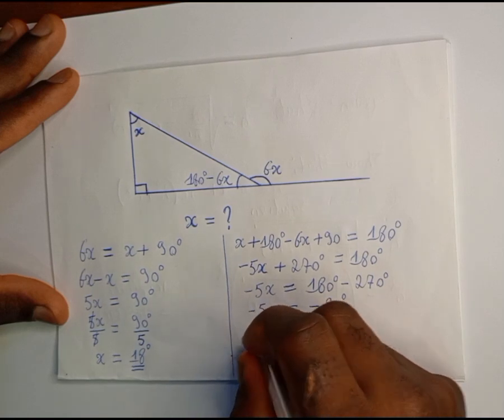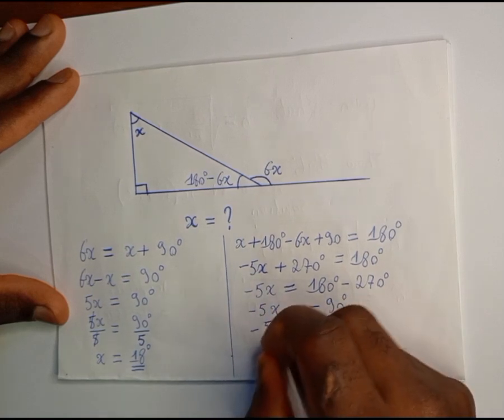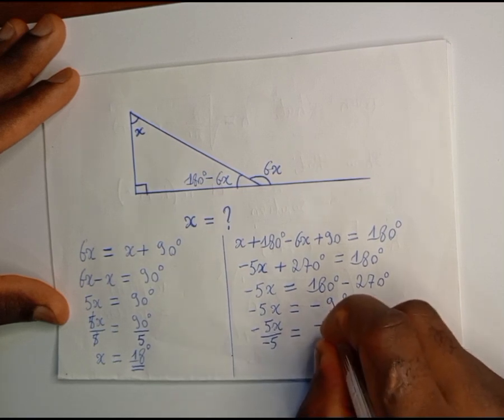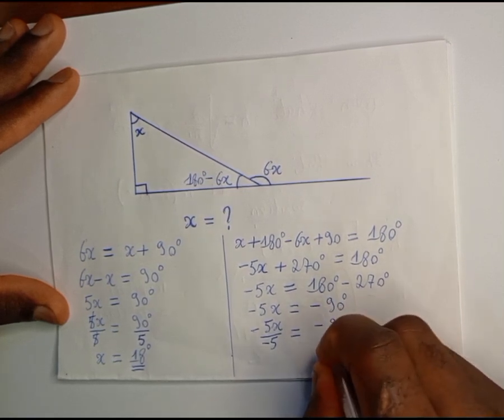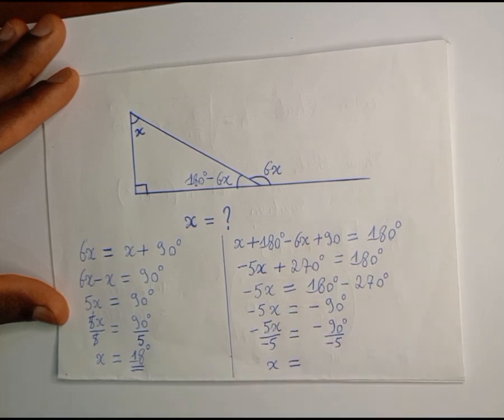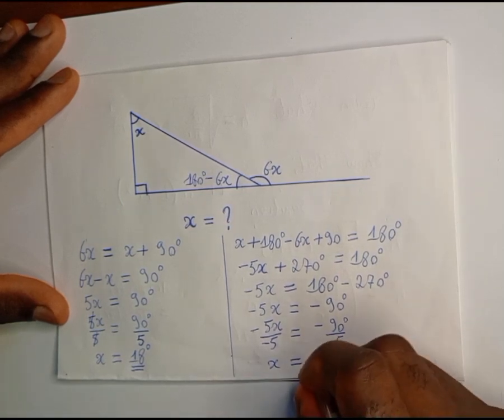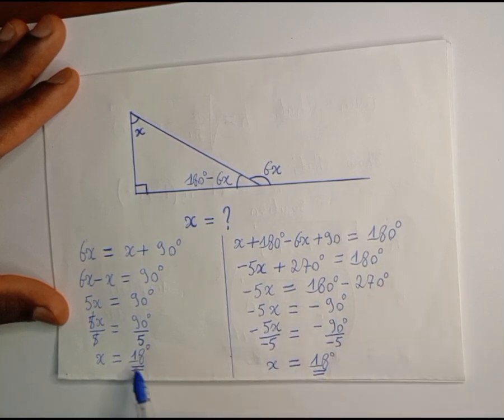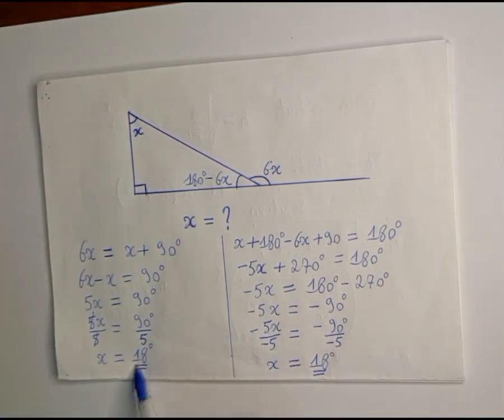Next, we have to divide all through by negative 5, which is the coefficient of x. Negative 90 degrees divided by negative 5. This will give us x to be equal to negative 90 degrees divided by negative 5 gives us 18 degrees. You can see the results are the same.